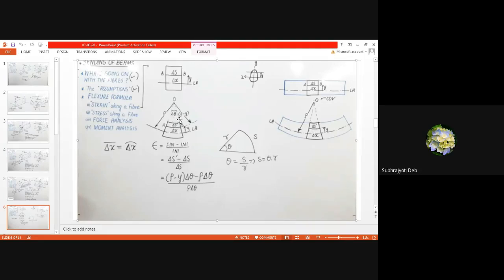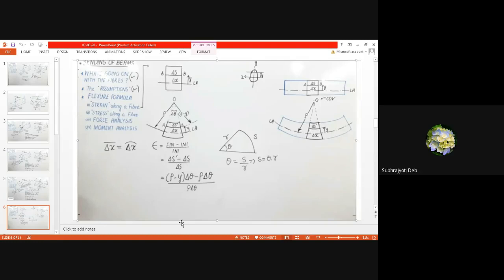It will be rho minus y, because the total is rho and this is y. This del x, I have already told you, is a straight line, and this is a curve. This is before deformation and this is after deformation. The length will be the same. So we want to calculate the strain.